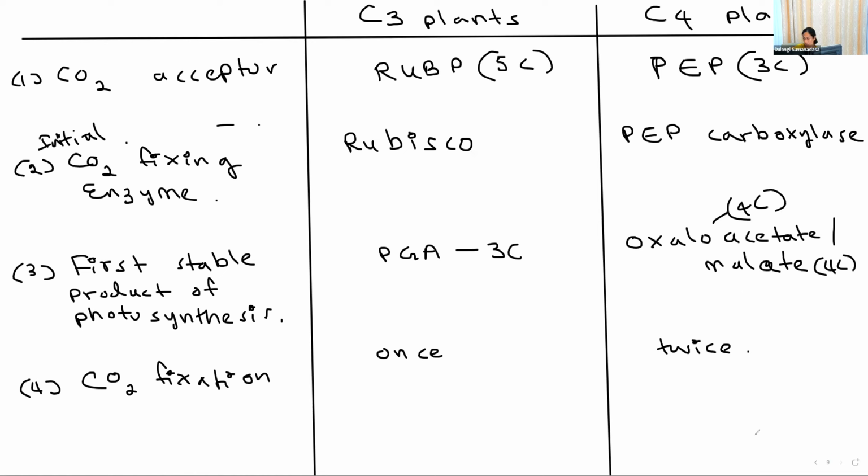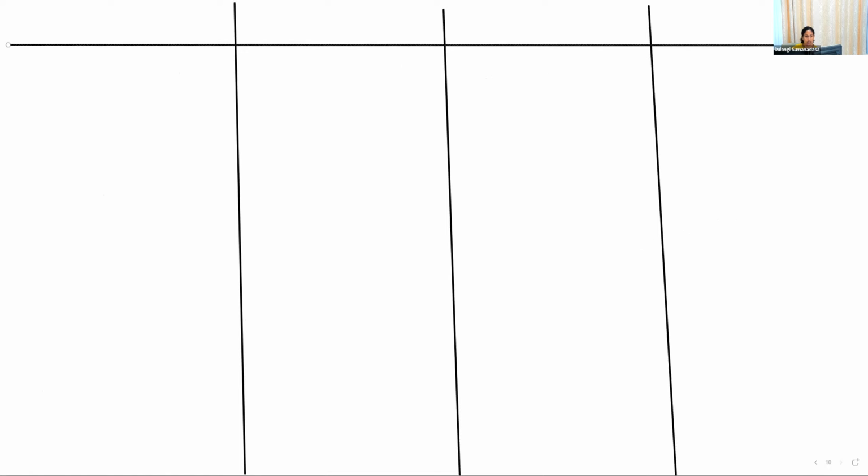Okay, C3, C4 and CAM. List them down. Now I might need to go to the next page, so list them down.